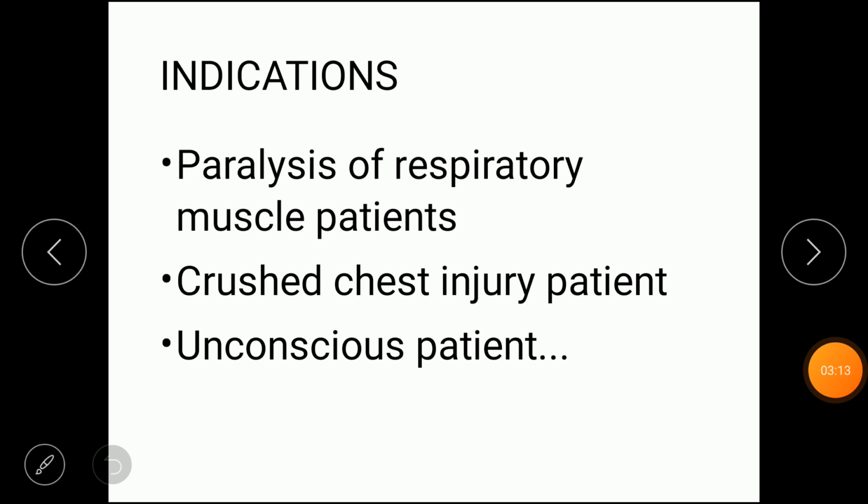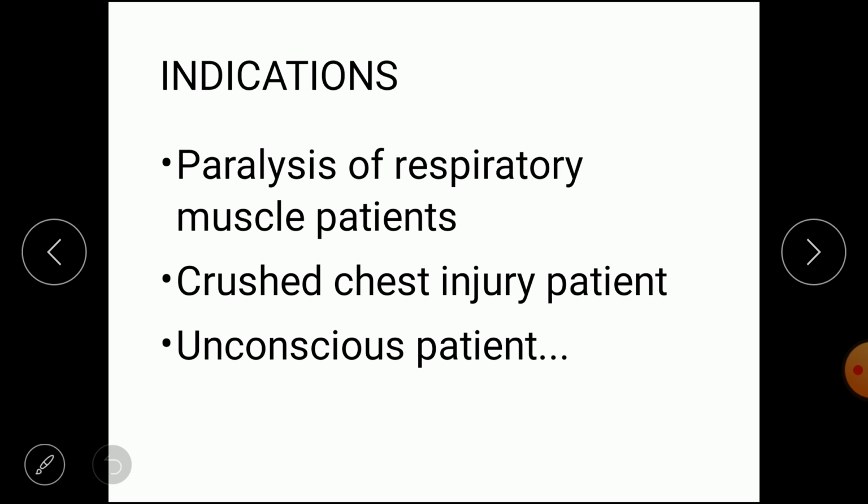In paralysis of respiratory muscle patients, those patients have completely paralyzed respiratory muscles, so the patient cannot initiate a breath by itself. That patient requires ventilation provided completely through the machine.